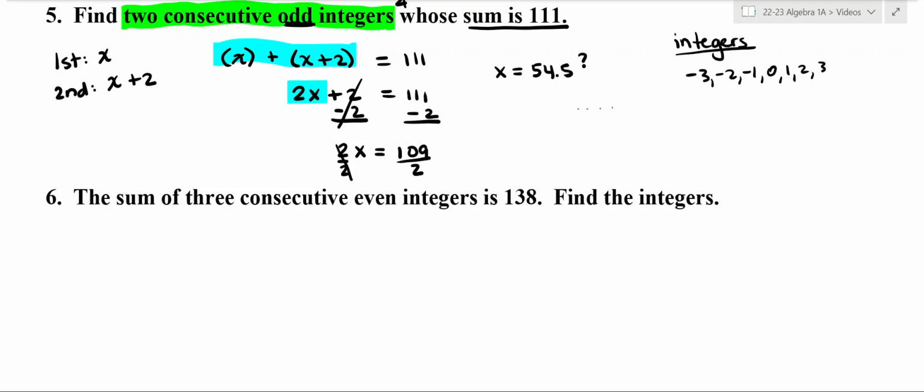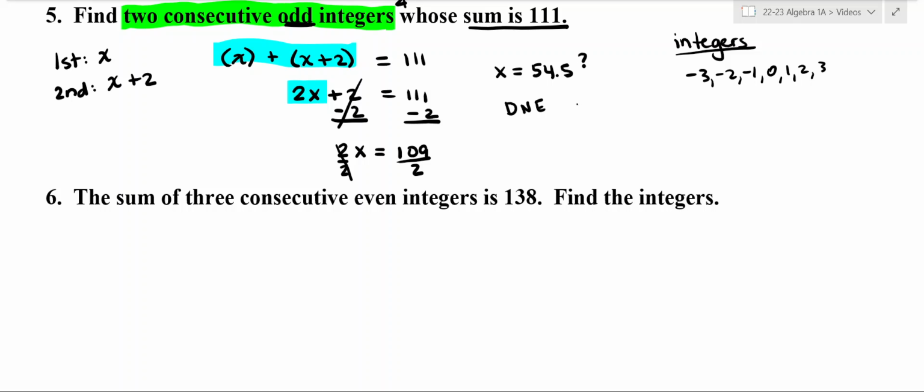Okay, so because we got a decimal, this means that these two consecutive odd integers do not exist. All right, they have to be integers, basically the whole numbers, whether they're positives or negatives or a 0, okay?